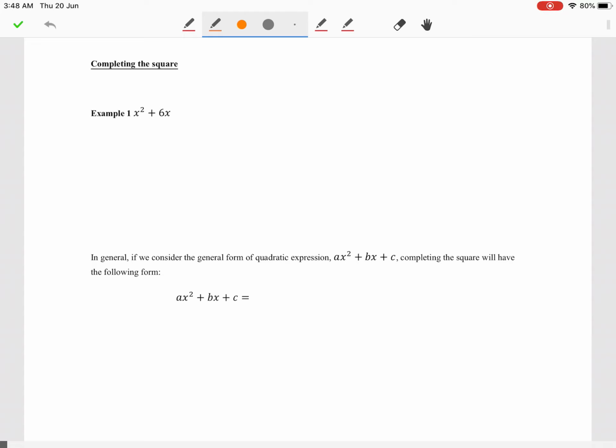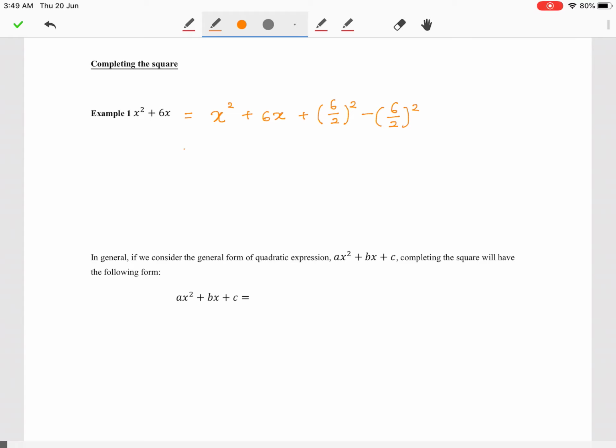So what we do is we add b, which is the coefficient of x, over 2 and square. So we have x squared plus 6x, now plus, what is b? b is 6, so 6 over 2, then you square, then you minus b, which is 6 again, over 2 square.